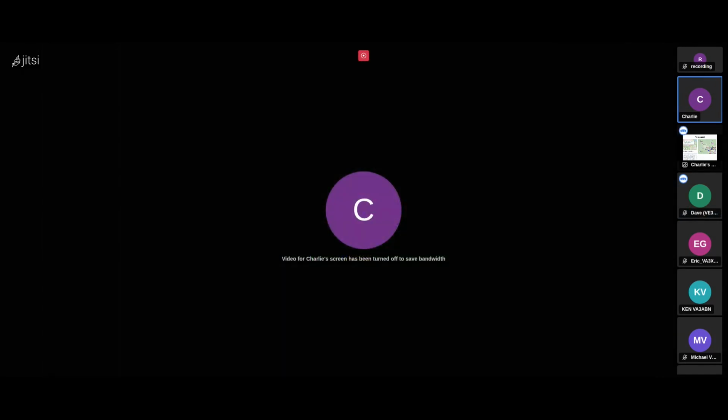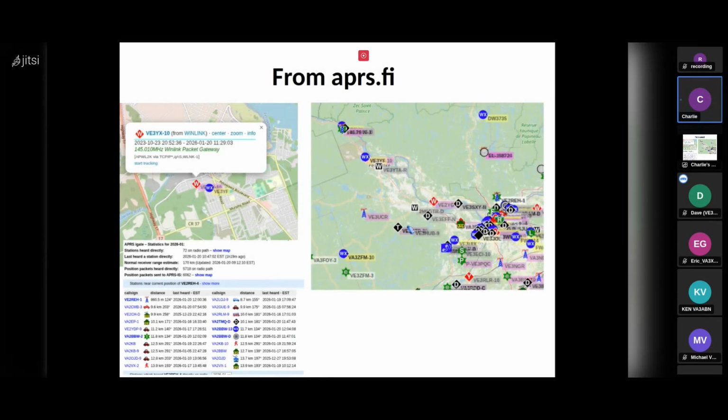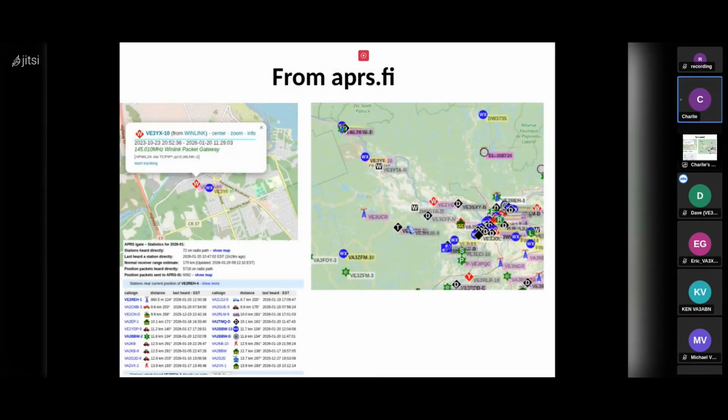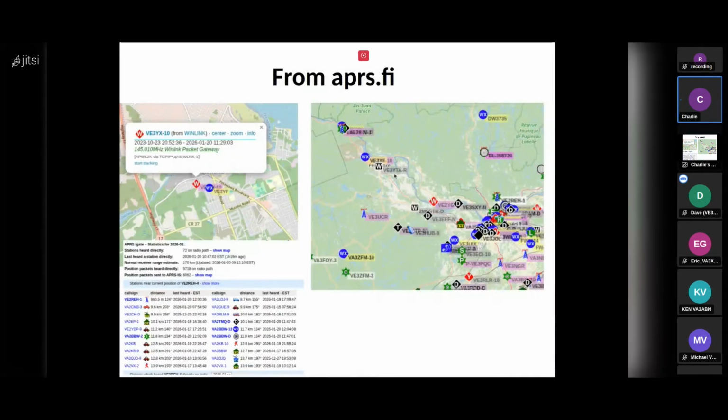Here's another tool. I took a few shots of this particular area where I am physically, near Pembroke, and this is the information that's available on APRS.fi. So you can see here, on the right, these various weather stations, repeaters, all sorts of things up and down.